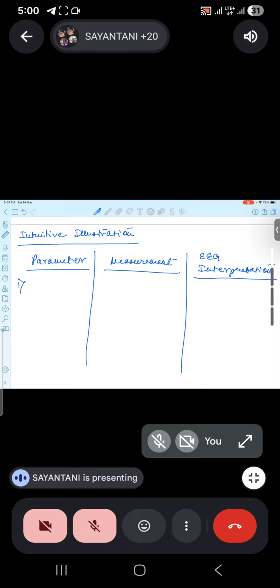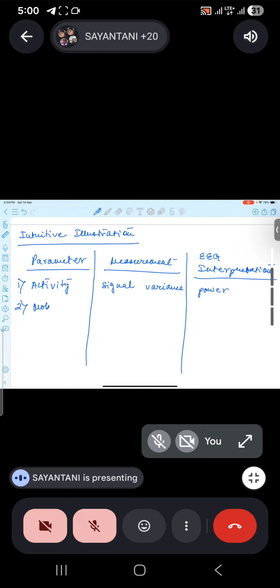So the first parameter is activity. I'm measuring the signal variance. And the interpretation is that I'm trying to get an approximate version of the signal power.